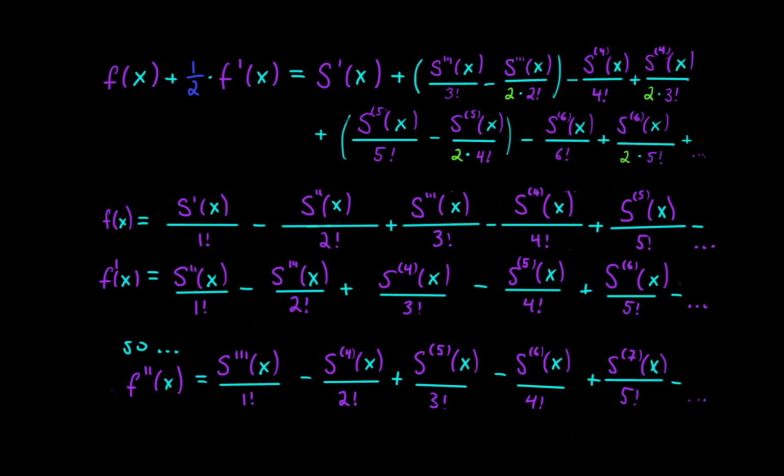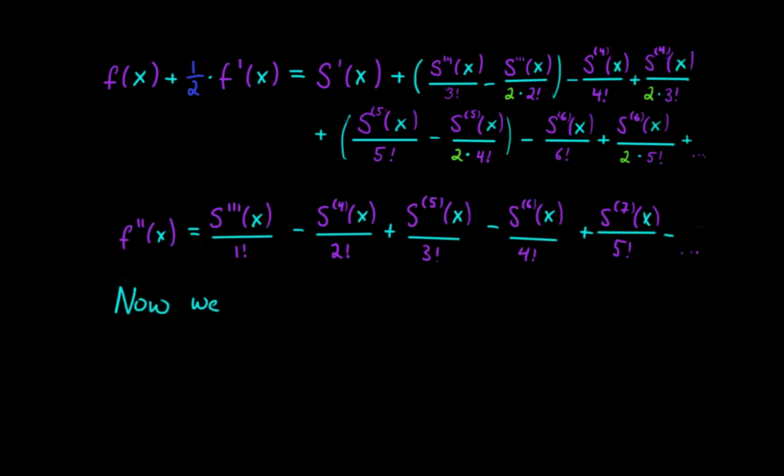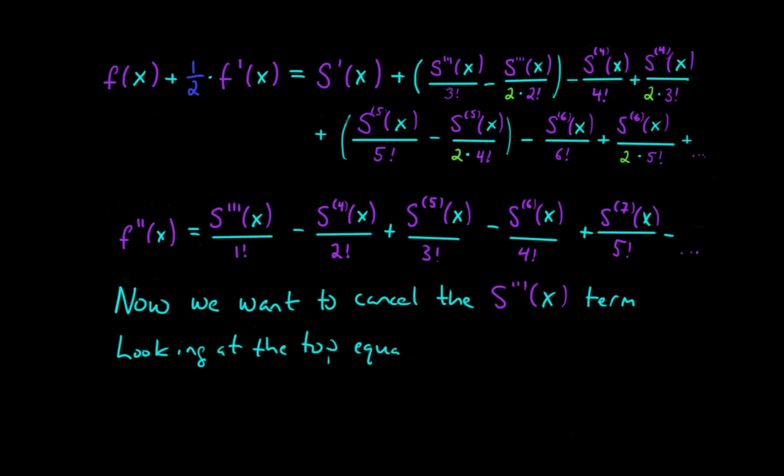Okay, I've moved that equation up, and now we want to cancel the s triple prime of x terms from both of these equations. So looking at the top equation here, where I have s triple prime of x over 3 factorial minus s triple prime of x over 2 times 2 factorial, we need a common denominator there.